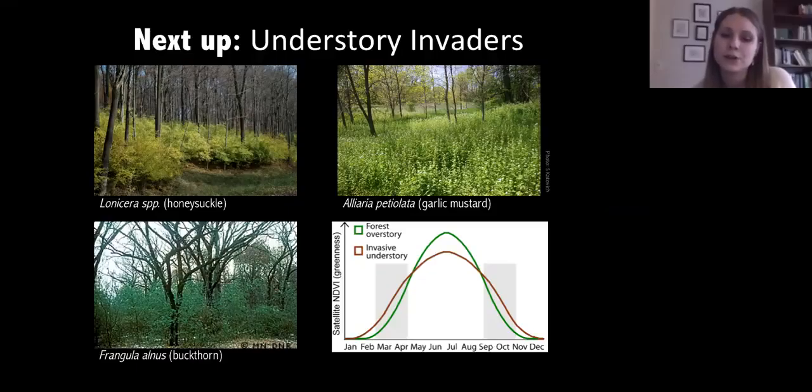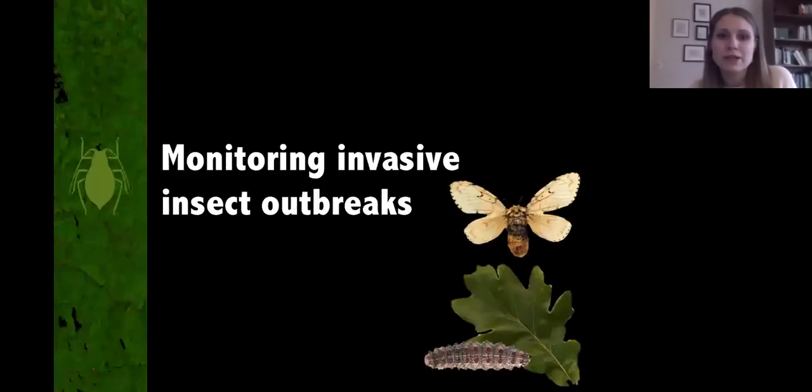And so similar to the work we're doing with the canopy species, we're also interested in looking at places that are known to have these understory invaders and determining if we can sort out their spectral signature from more native vegetation as well. So phenology and invasive plants is definitely a great research topic for time series analysis.